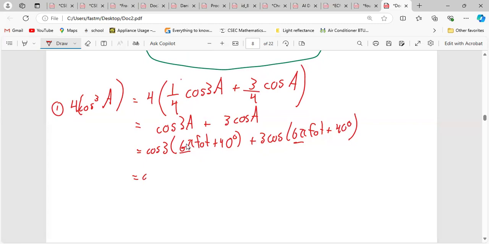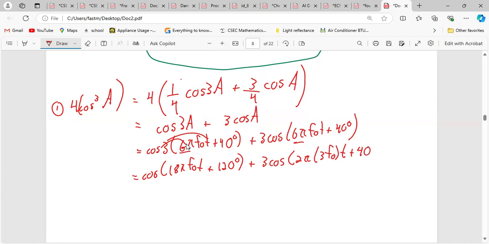So let's go through. So factorize the 3. So 3, 3. So you end up with 18. And that'll be 120 if I'm not mistaken. Plus 3 cos. And we could pull out the 2 out of this one time. Alright, so pull out the 2 out of this.